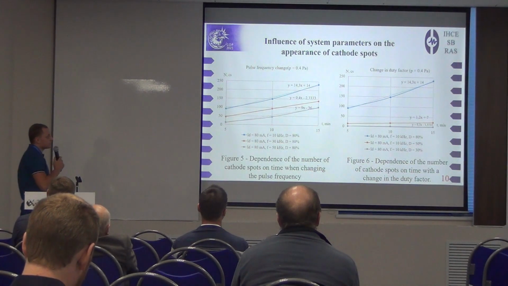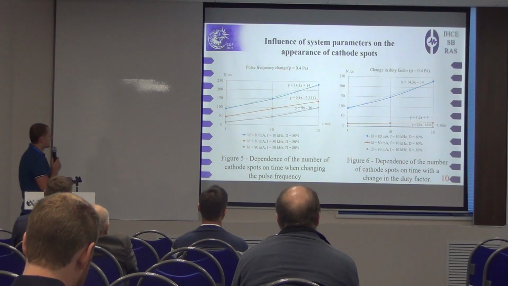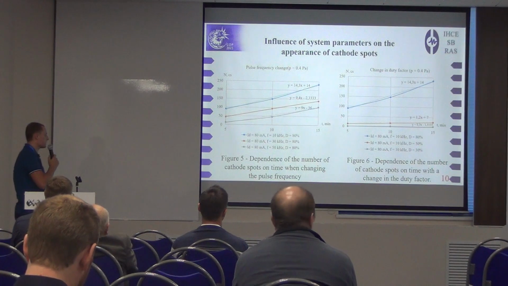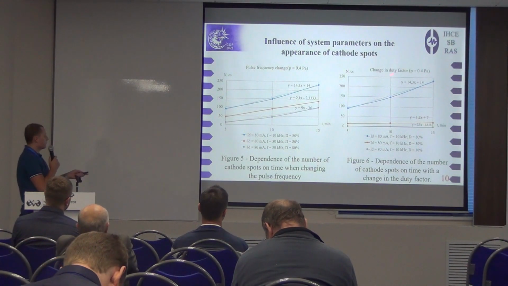The next study was aimed to investigate the influence of system parameters on the appearance of cathode spots. If you look at figures 5 and 6, you can see the dependence of the number of cathode spots on time when changing the pulse frequency and duty factor.